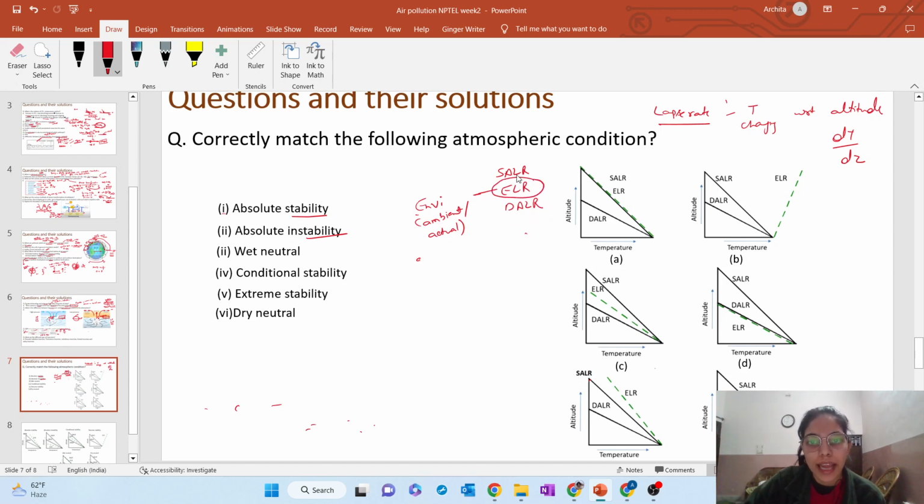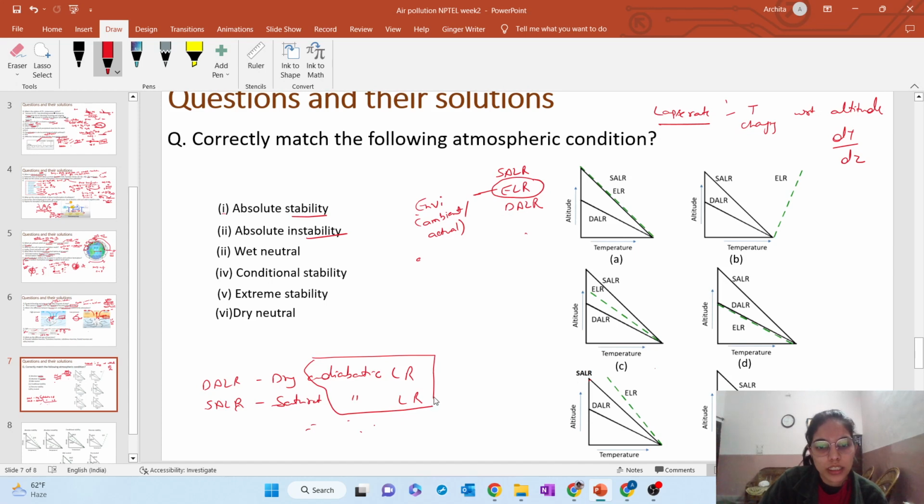Now DALR and SALR are what we theorize. We make them in theory, or in the laboratories. DALR is the dry adiabatic lapse rate, and SALR is the saturated adiabatic lapse rate. Adiabatic means that there is no transfer of heat.